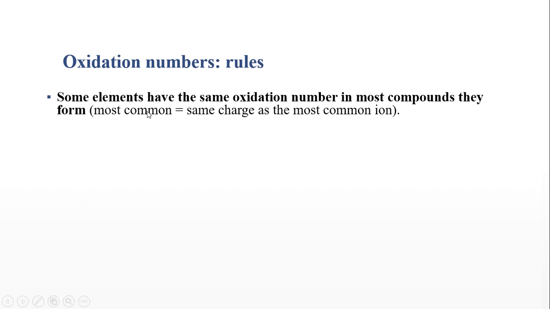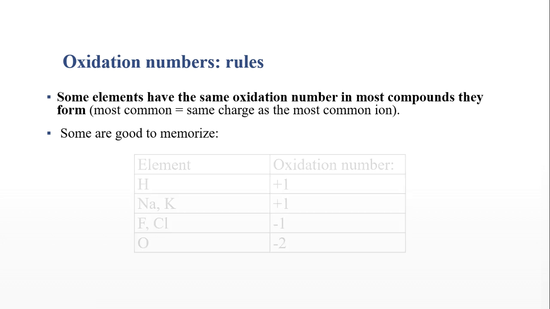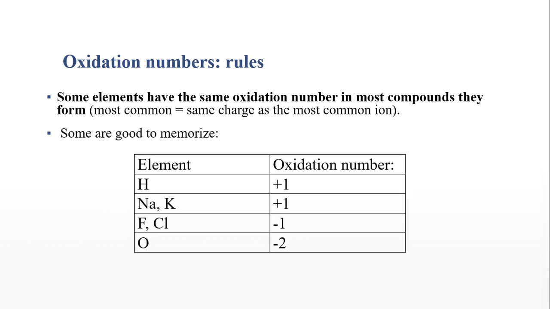And the most common case is that their charge will be their oxidation number. But I want you to memorize a few elements and their oxidation numbers in compounds. And I would like to put an emphasis on this, that this is the element in compounds.